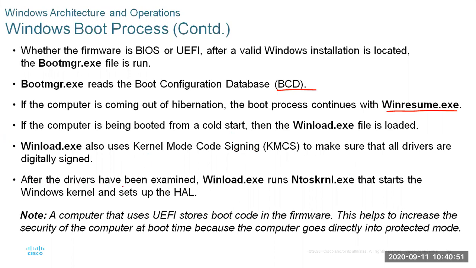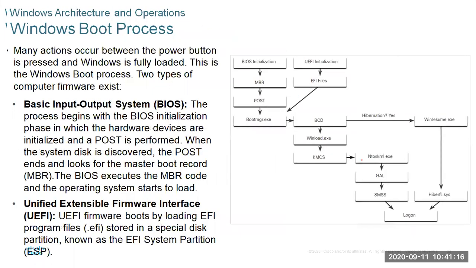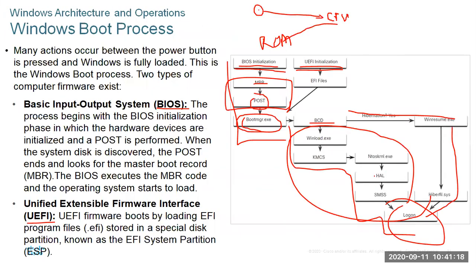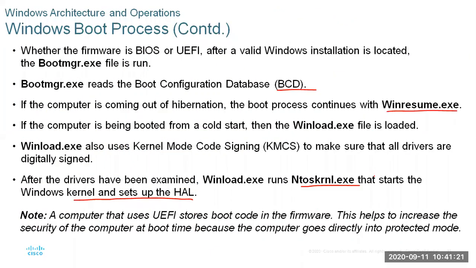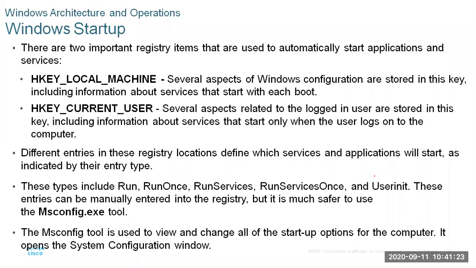After the drivers have been examined, winload.exe runs this particular file, ntoskrnl.exe, and it starts the Windows kernel and sets up the hub. So this is basically how the system boots. It follows these steps.